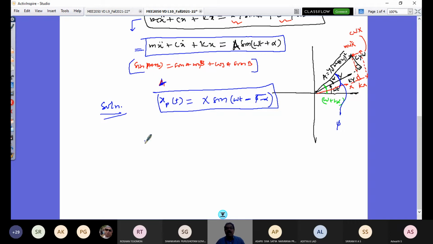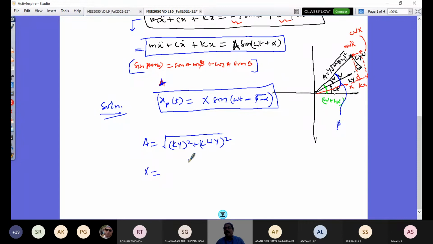So now what is this A? The amplitude A from this diagram is the square root of (ky) squared plus (c omega y) squared. That is A. And what is x here, the amplitude of response?